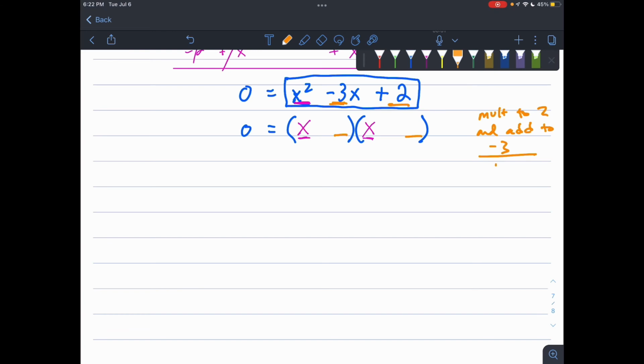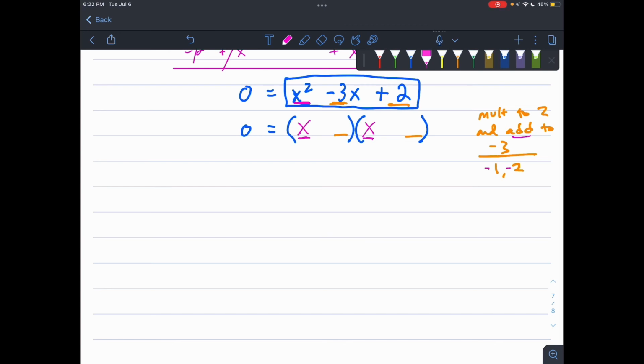Not a lot of things that multiply to be 2. 1 and 2 are the only things that multiply to be 2. So if they're going to multiply to be positive 2, they either need to be positive 1 and positive 2, or another way you can multiply to make positive is to have both of them be negative. And since they're meant to add to a negative number, we might determine that they both need to be negative.